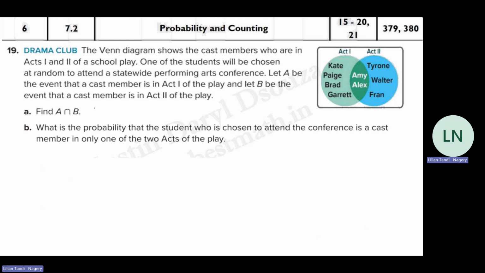Find A intersection B. A intersection B is here. So Amy and Alex, or you can write, it doesn't matter who you start with. Either one of them is correct. Alex, Amy.